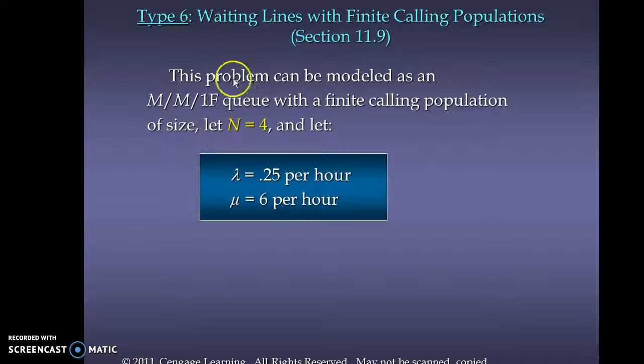We're using a single server, but we call it with the suffix F to designate finite calling population. One thing we need to know is the size of that calling population. We call that variable n. Let's say n equals 4. And then we have to derive lambda and mu from the language given in our situation.